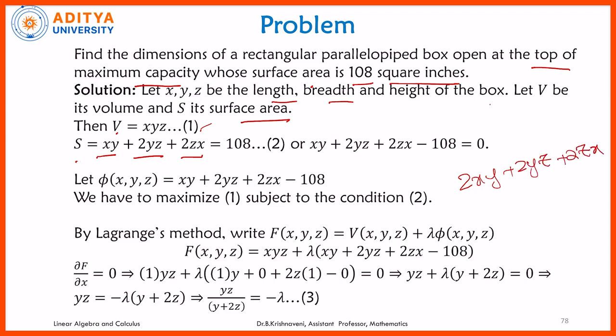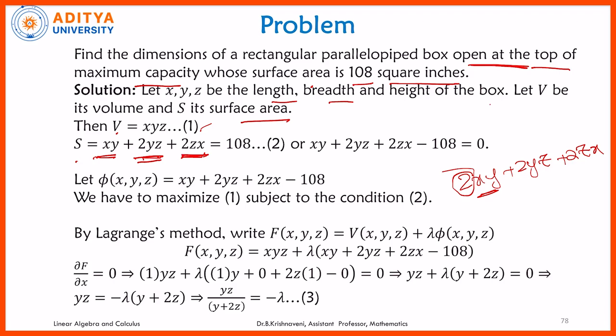But here we will take the surface area as xy plus 2yz plus 2zx. Why? Because here the box, that is the rectangular parallelepiped box, is open at the top. That means one surface is not there, it is empty. So it is only one xy, plus the remaining surfaces, that is 2yz plus 2zx.